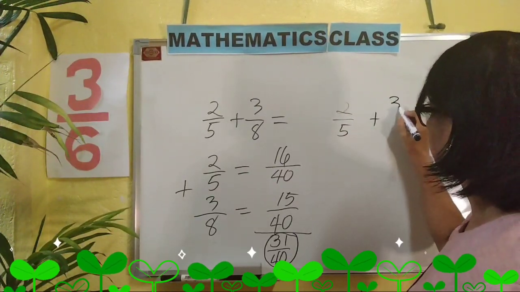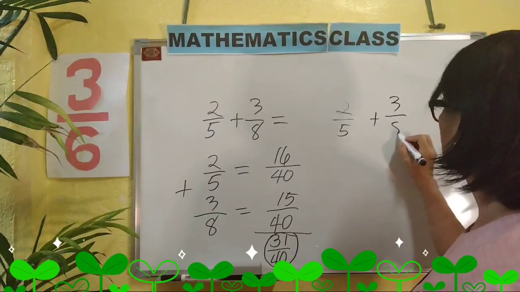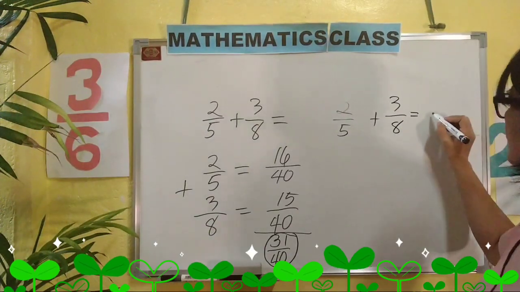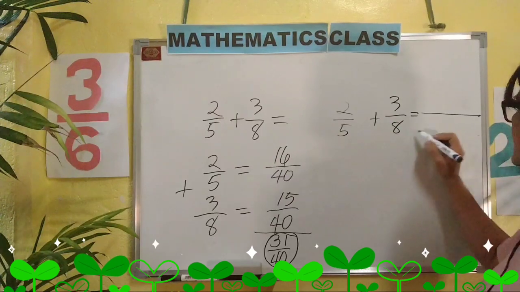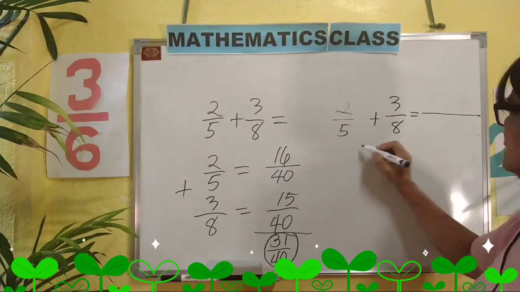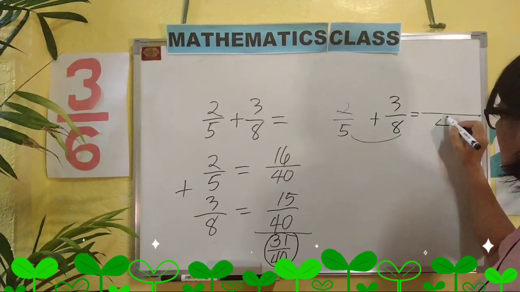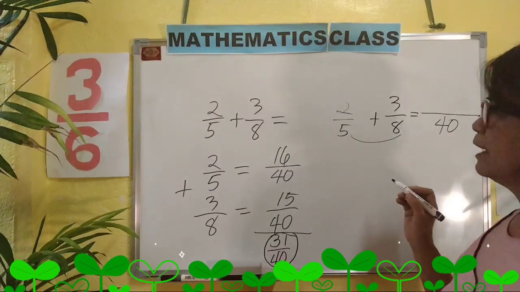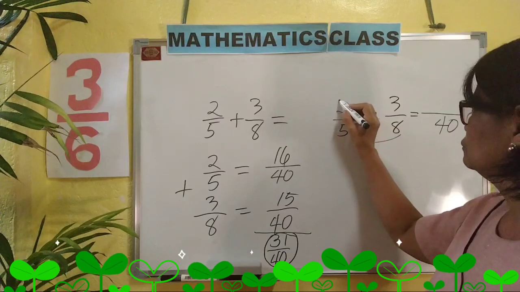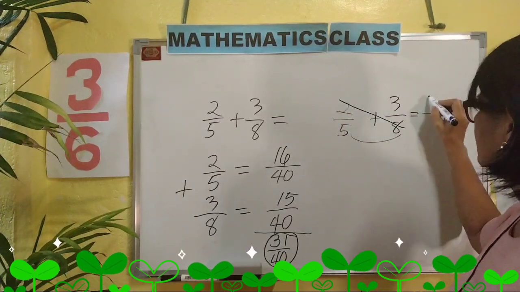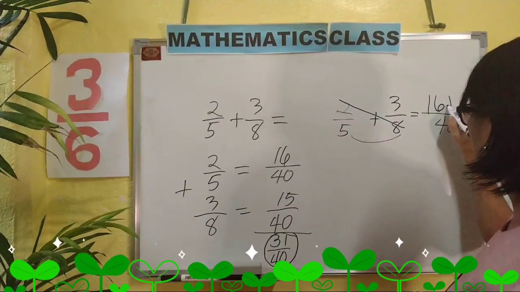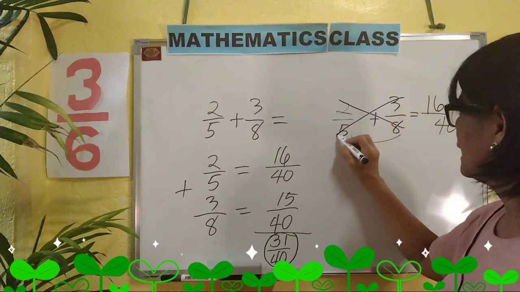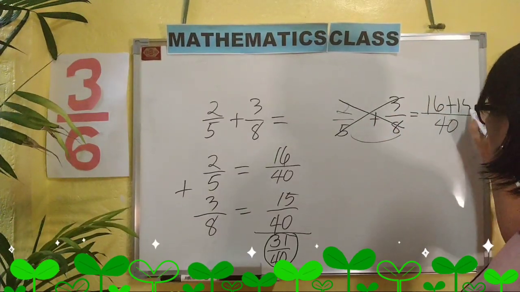Another way of finding the sum is 2/5 plus 3/8 equals, let's just write the LCD. 5 times 8 equals 40. And then, multiply diagonally. 2 times 8 equals 16 plus 3 times 5 equals 15.